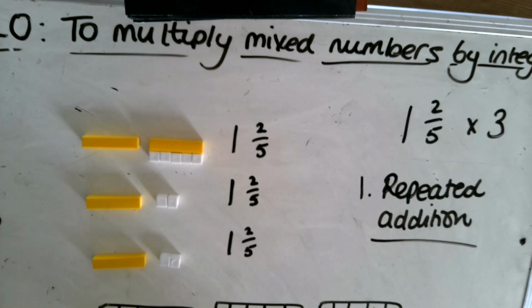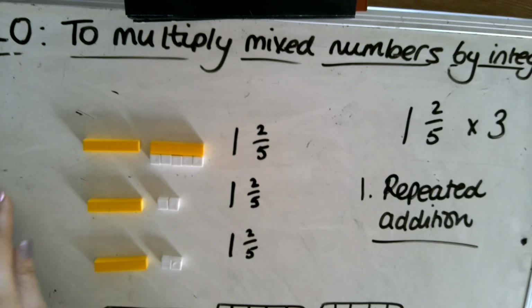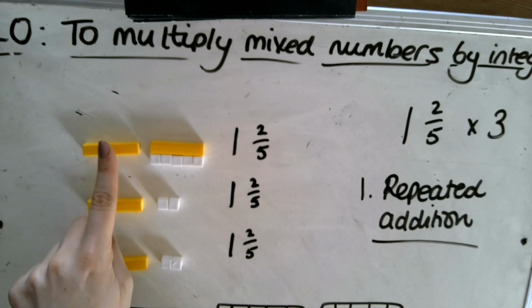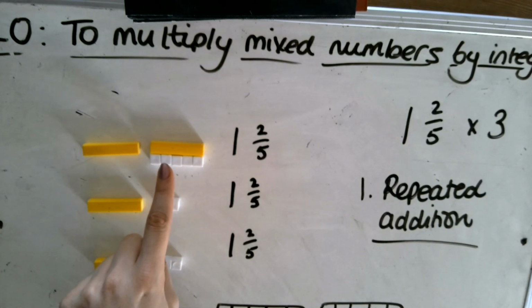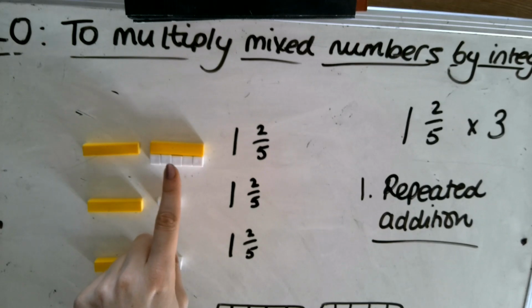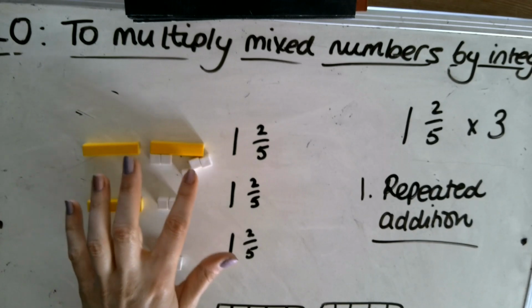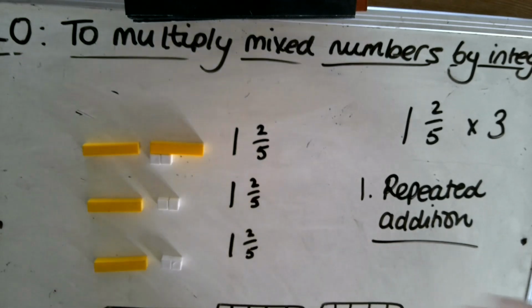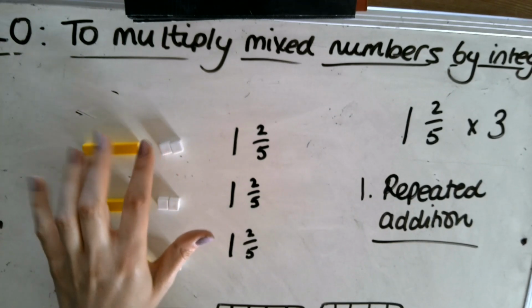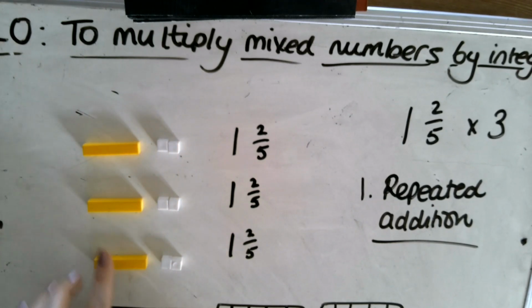So I'm trying to show you here 1 2/5. So this is my 1 whole, and these white blocks represent fifths. So as you can see, 5/5 make up 1 whole, and I need 2/5. So I'm going to just take these 3 away, and I'm going to take this away to show 1 whole and 2/5. Notice my colour of block has changed.